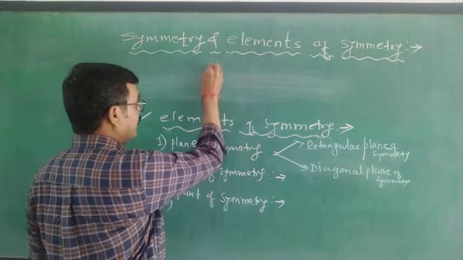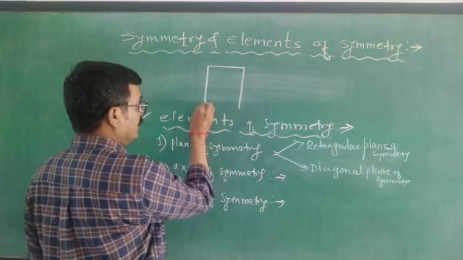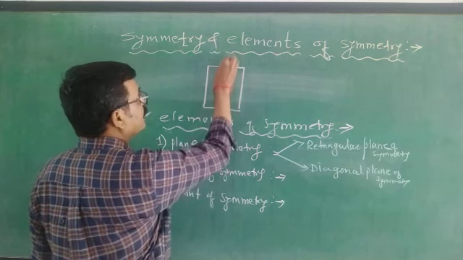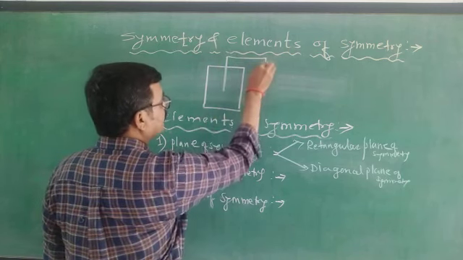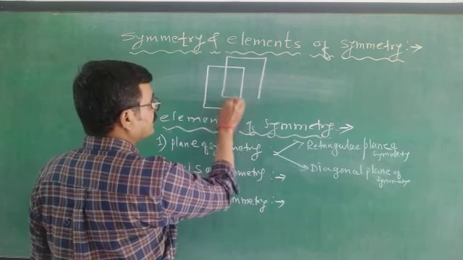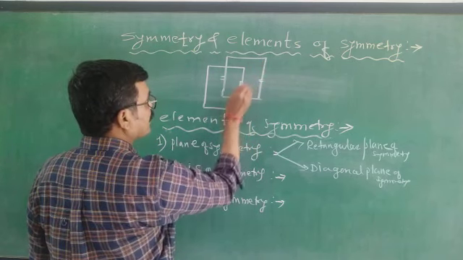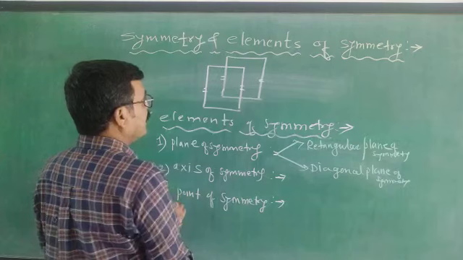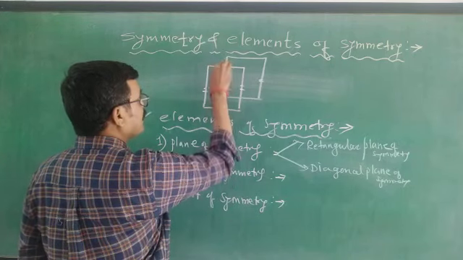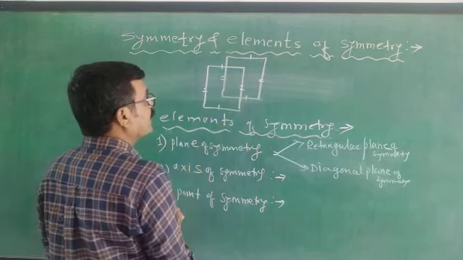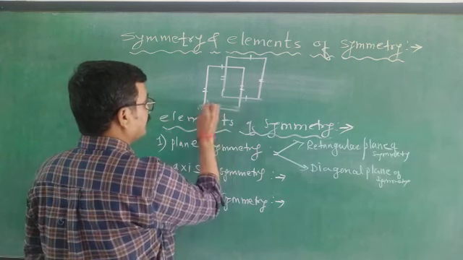Suppose this is a rectangle. Now in this rectangular shape crystal, these two sides are of equal length and these opposite sides are of equal length. That's why it is a rectangle.